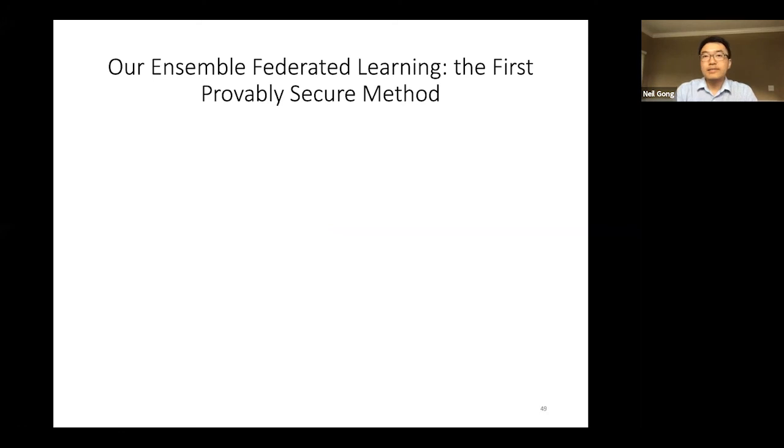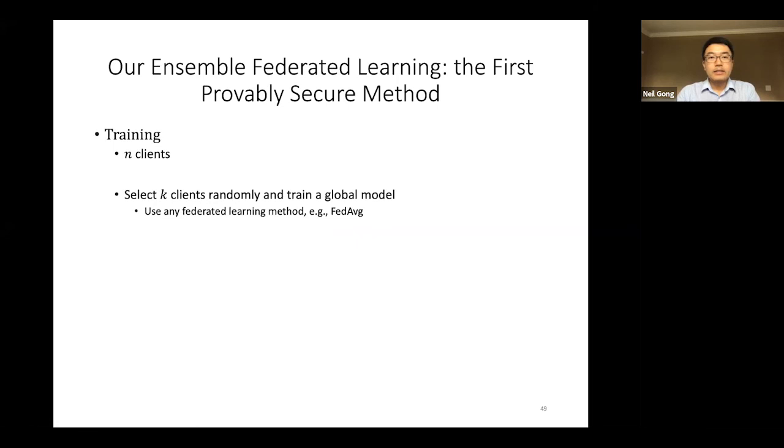We propose an ensemble federated learning method, which is the first method to achieve such provable security. Suppose we are given N clients. We pick K clients uniformly at random and train a global model on them. We can train the global model using any federated learning method, such as FedAvg.